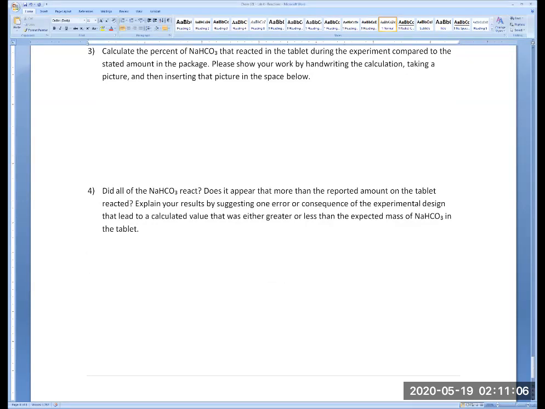But then that means there are errors, because we had to do this at home, it was not done in a lab with materials that allow us to do precise measurements. So that can be a reason why you will find that it's much more, for example, because the balance the professor used can only read to 1 gram. So that really limits the amount of mass change that you can observe.